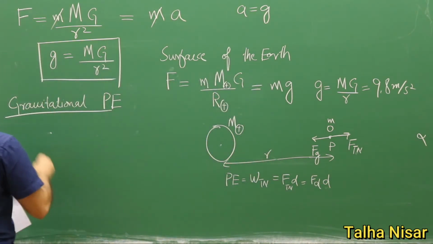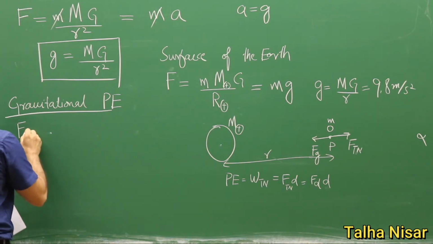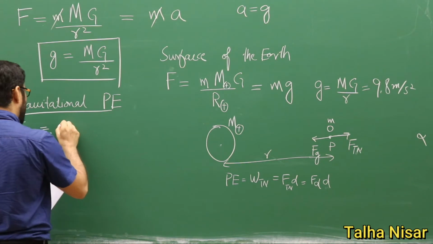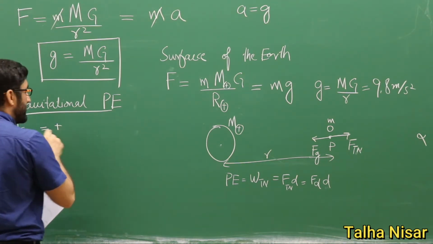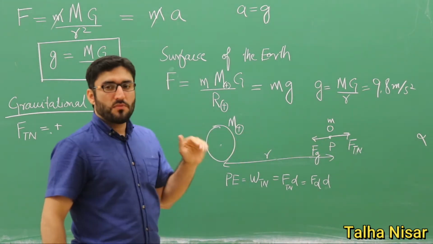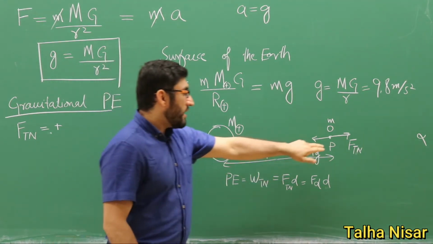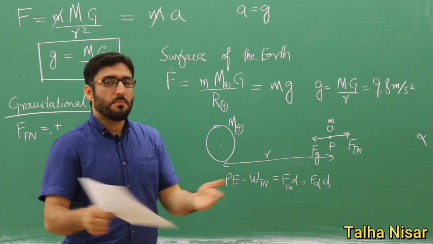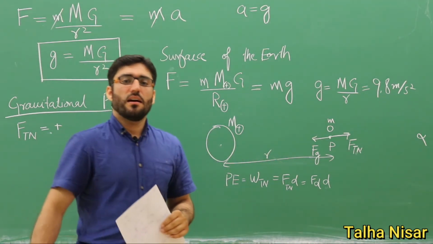So we will again write the work done by me, Talha Nisar, is equal to plus. If we take my force as a plus, automatically the opposite force will be minus. So gravity is doing a negative work because I am doing a positive work, because the minus sign only represents the direction.